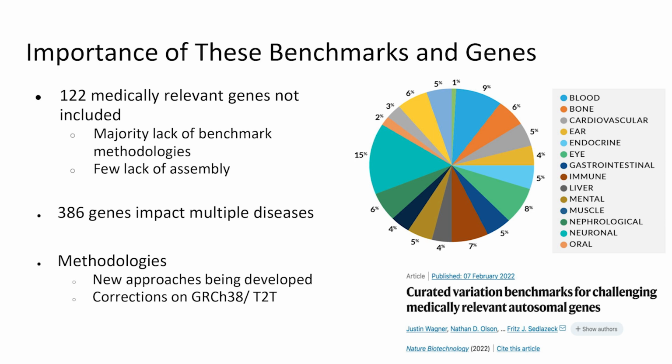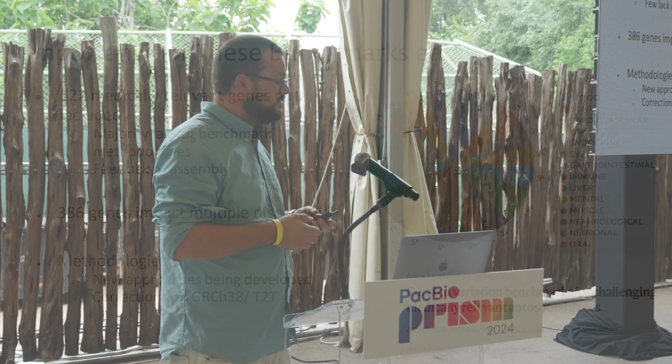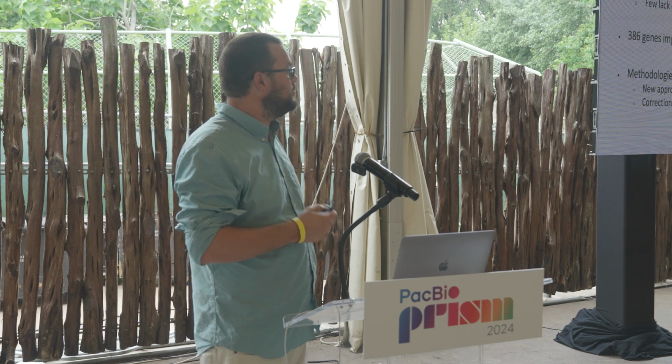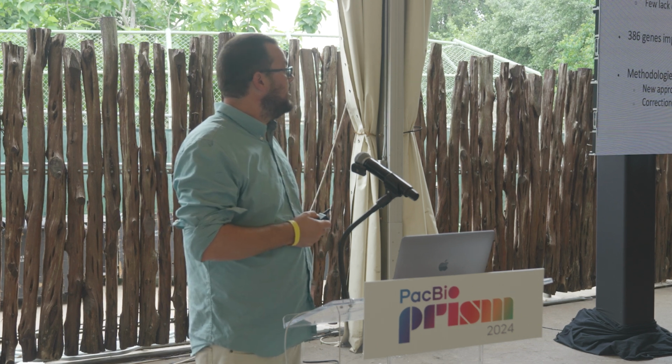And 122 genes we completely missed out, which was interesting because we didn't miss out because the assembly didn't characterize them. We missed out because they were so complex that we couldn't compare them across technologies and across different variant callers or mappers. So this really sparked a lot of other research in my lab on how to compare tandem repeats and so on and so forth.